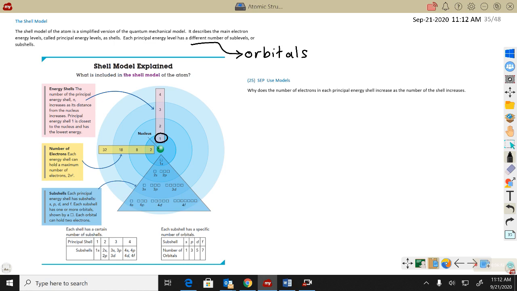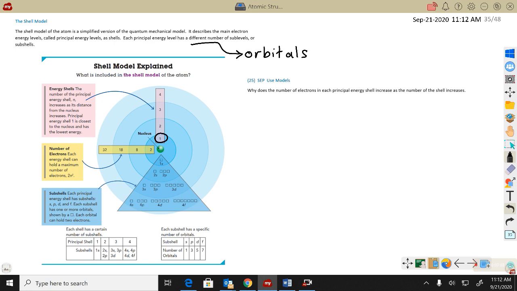And if it's close to the nucleus, it's low energy and it's small. If you look at energy level 1 as a kind of a circle, it's the smallest energy level. So these electrons can move, but they're not moving a large distance from the nucleus. If an electron is in energy level 1, it's pretty close to the nucleus and it's low energy.